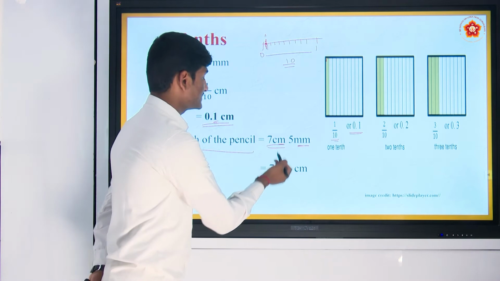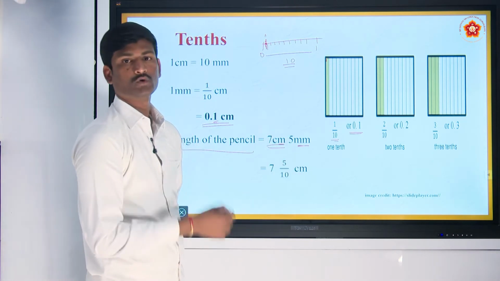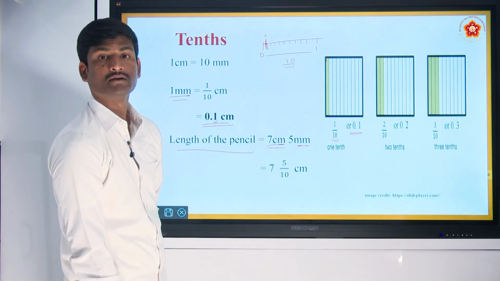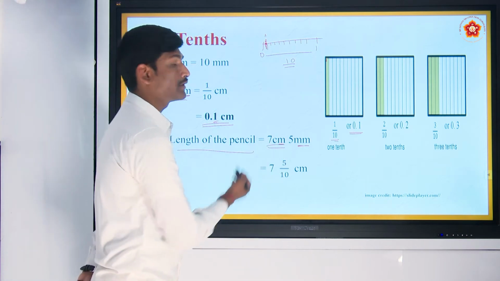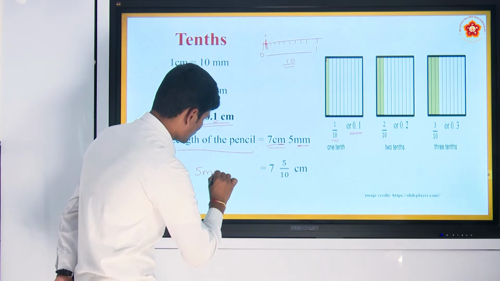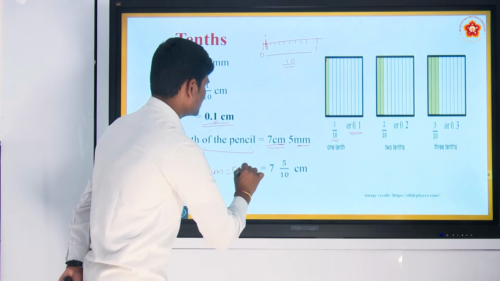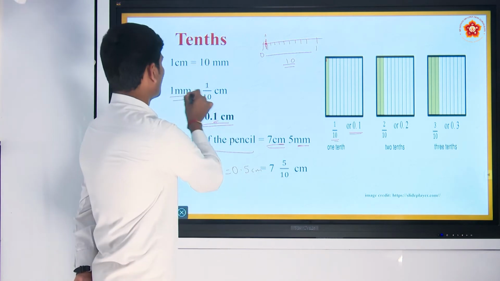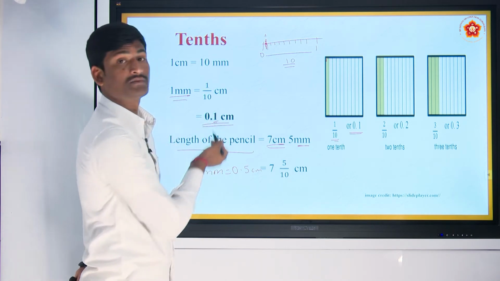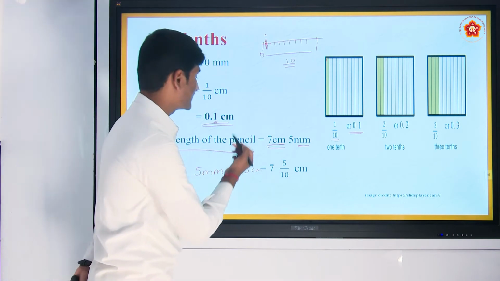Here 7 centimeter we write the same 7, and for millimeter to centimeter, you already know 1 millimeter is equal to 0.1 centimeter. 1 millimeter is equal to 1 by 10 centimeter. It is written as 0.1 centimeter. Here 5 millimeter is equal to 0.5 centimeter.